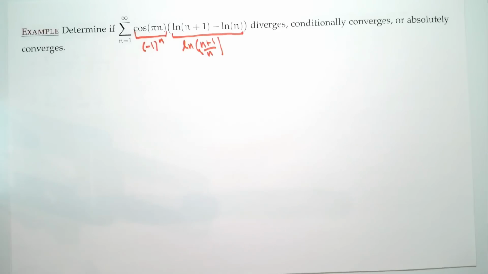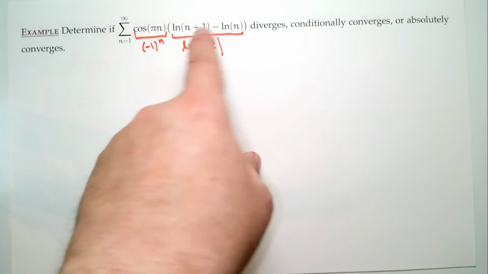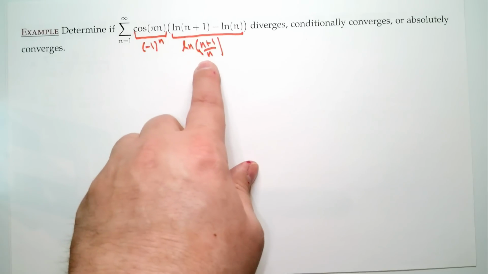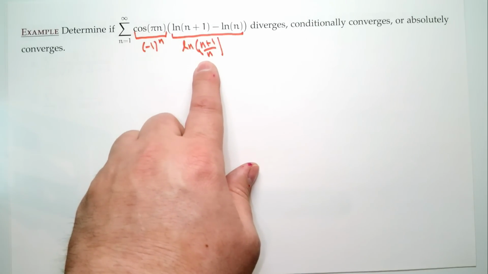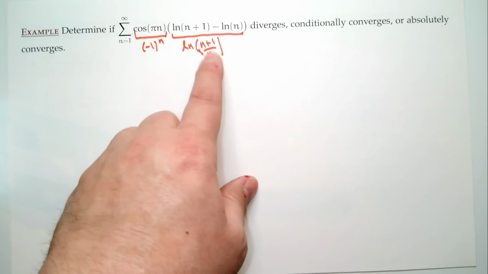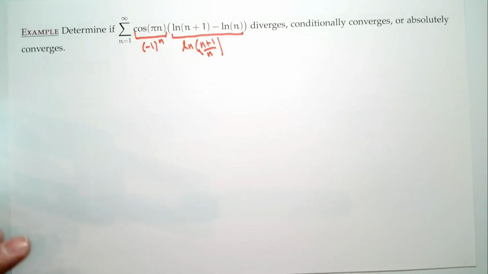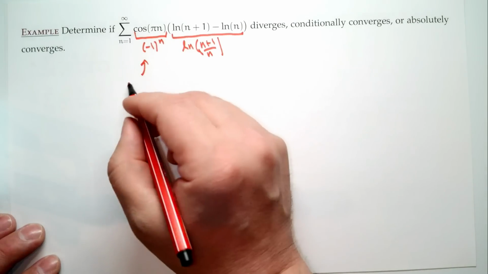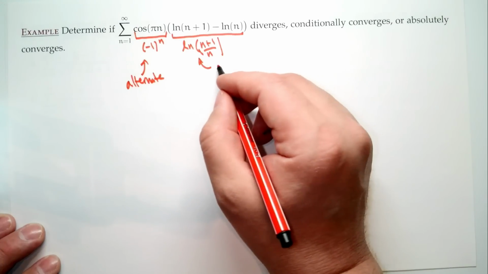It's not clear that's helpful, but if we think about this as an alternating series, the question becomes, what happens to this as n goes to infinity? The inside goes to 1, and log of 1 is 0. So it alternates, and it goes to 0.